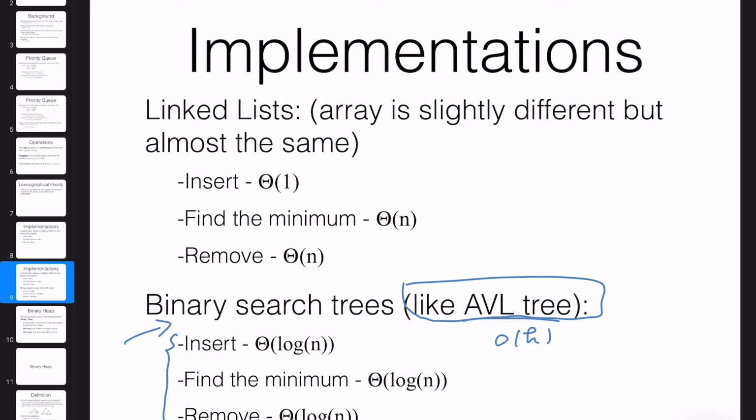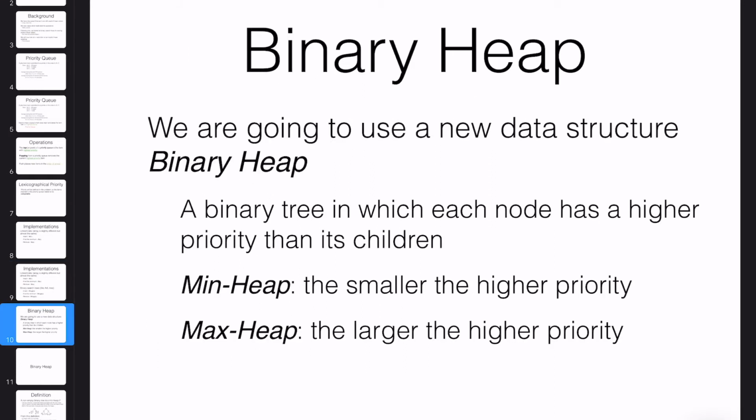So here I'm also trying to tell you that AVL tree is very good, but I don't need an AVL tree because I don't need to keep all the items in sorted order. So based on that, maybe I can get some data structure in which I can implement the methods in a simpler way. And yes, there is such a data structure, and we call it a binary heap.